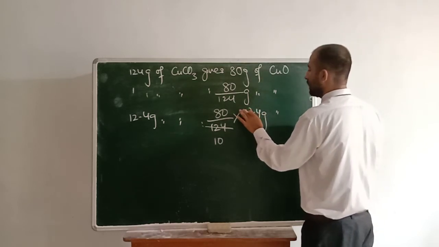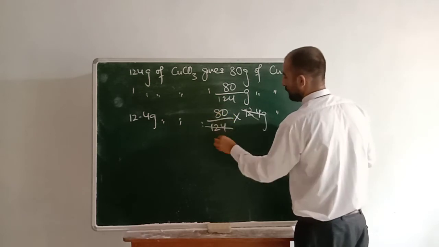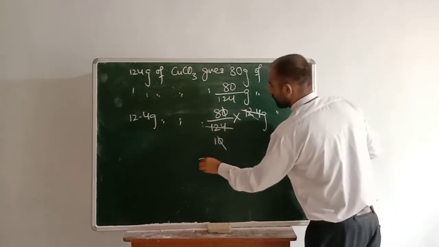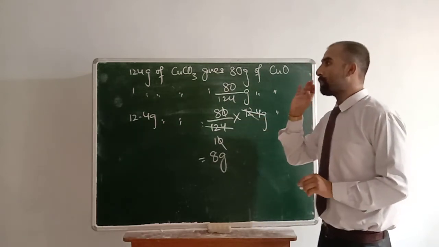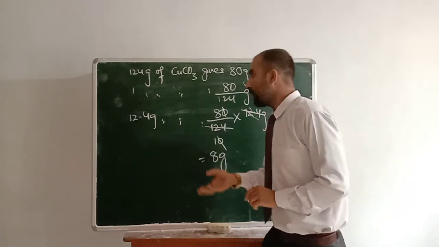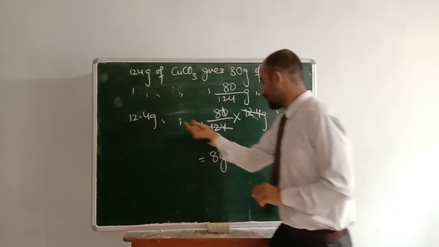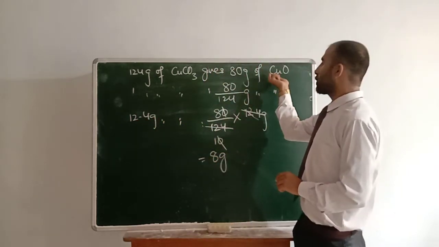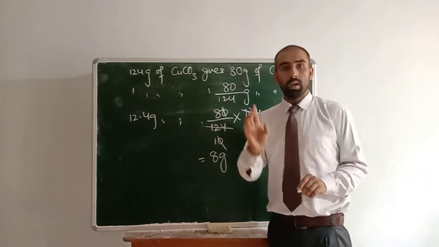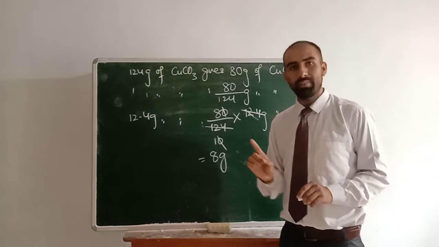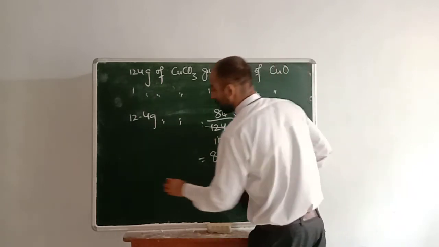It will directly cut 10 times, so 80 becomes 8 gram. If the copper carbonate is pure, then from 12.4 gram of copper carbonate, 8 gram of copper oxide should be produced. But according to our question, copper oxide is given only 7 gram, isn't it? So let's find out the purity.